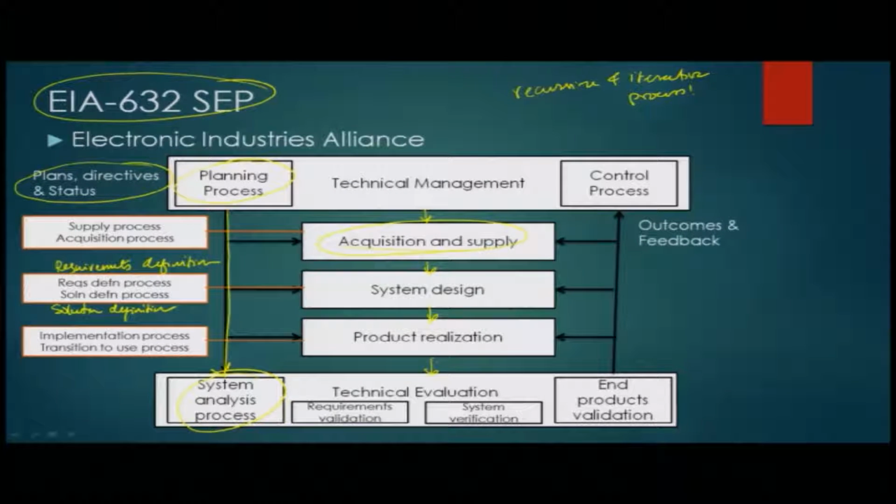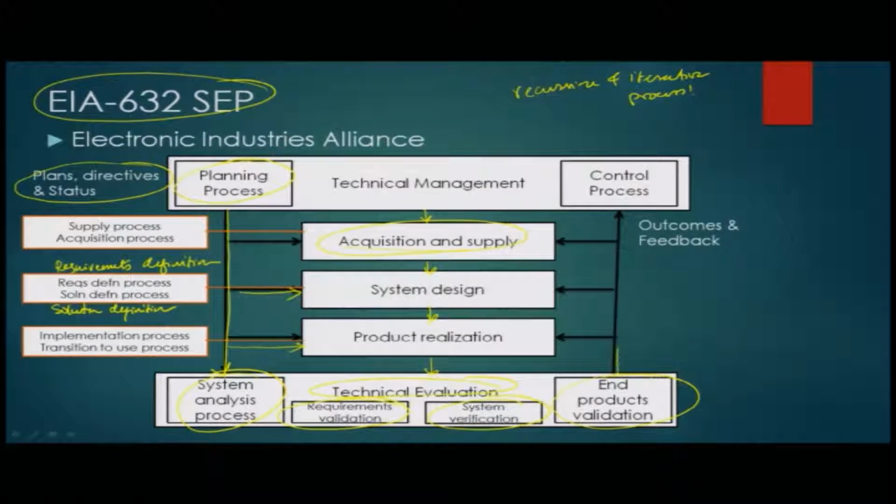So you define the solution and define the requirements as part of the system design while going down. And then you talk about realizing the product, where the beta prototype is realized, the implementation process and the transition to use process. Then you get into what we call the technical evaluation process, where the system analysis happens, then the requirements are validated, the system is verified, and then the end product is validated.